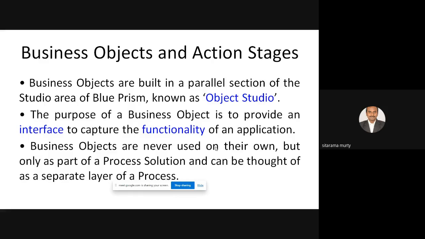The purpose of a business object is to provide an interface to capture the functionality of an application. Why should I create a business object, or what is a business object? It is an interface such that we can capture the functionality of an application, whether a Windows-based application or a web application.